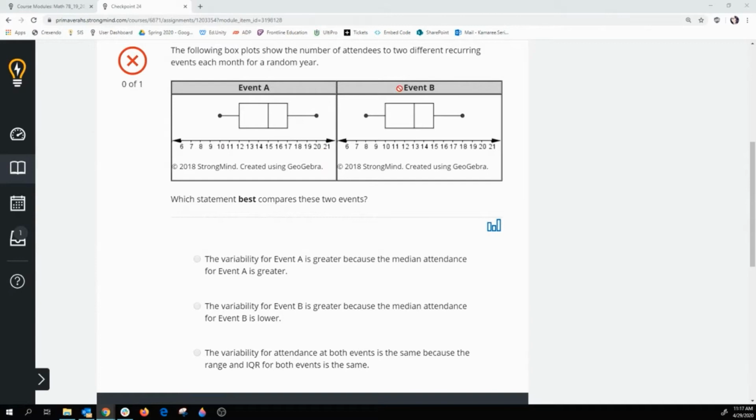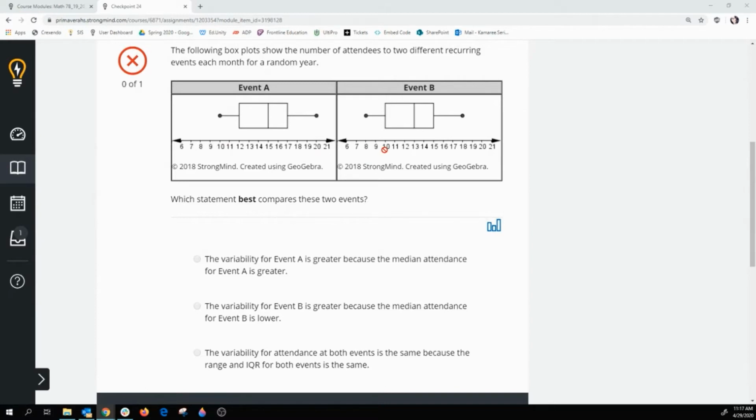And then event B goes from 8 to 18. So what would be my range for event B? Range for event B should also be 10, right? 18 minus 8 would give me 10. So my range for both of these is the same.